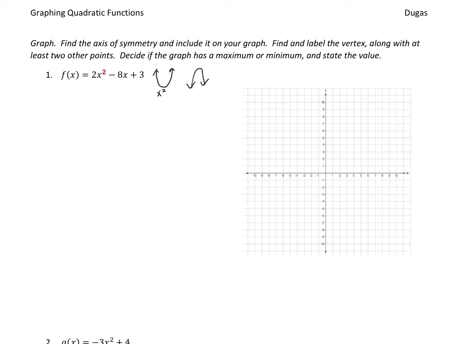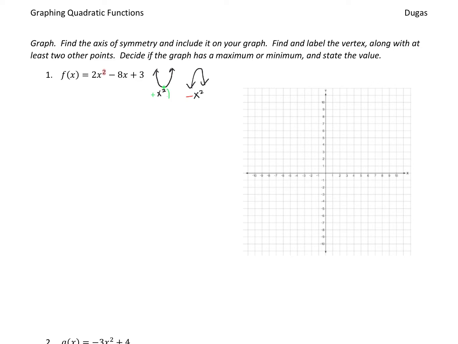So if the coefficient of the x squared is positive, it's going to be opening up. On the other hand, if the coefficient of the x squared term is negative, so there's a negative in front of that, it's going to be going down. In the case where it's positive, notice that you have a bottom.